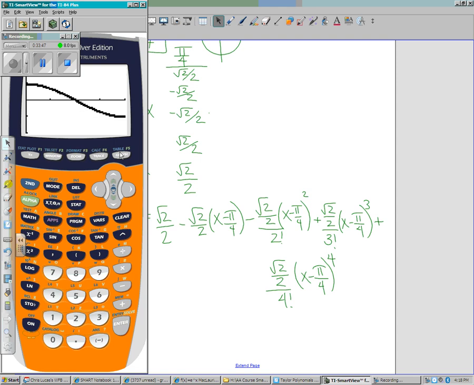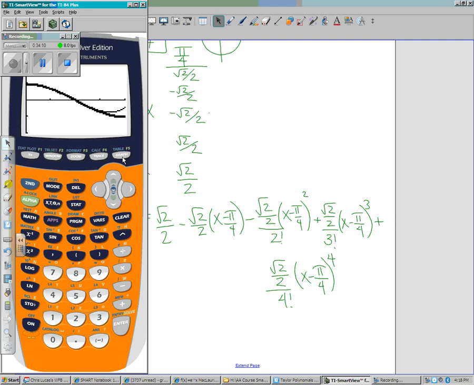And now I will add in what we think approximates right around pi over 4. They are so close. Can you see that?